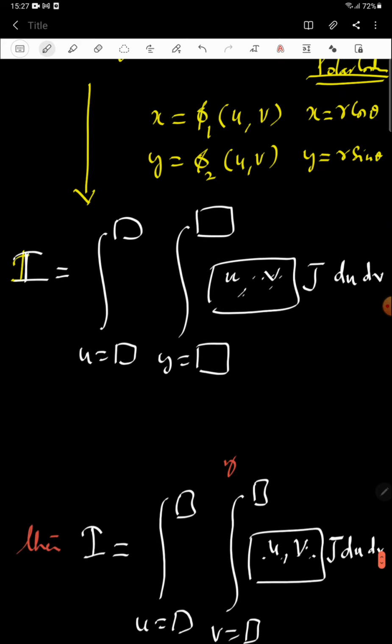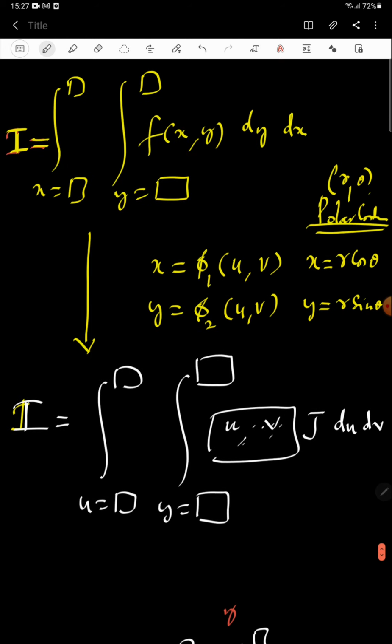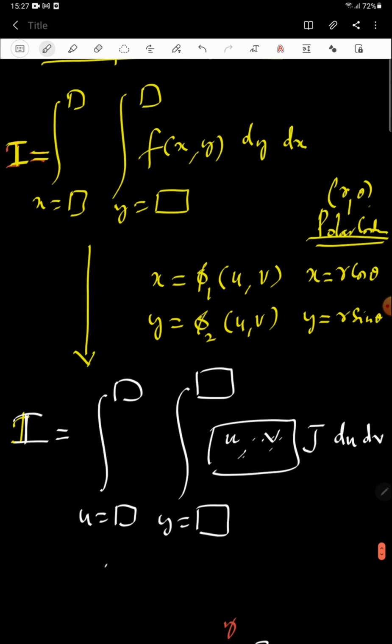That Jacobian is, I'll write it here, that J is nothing but the determinant of dou u by dou x, dou u by dou y, dou v by dou x, and dou v by dou y.